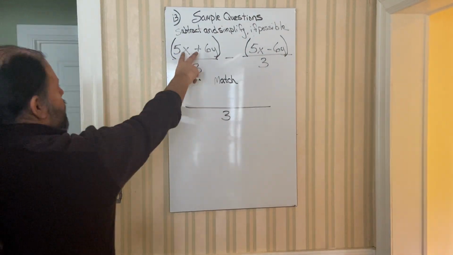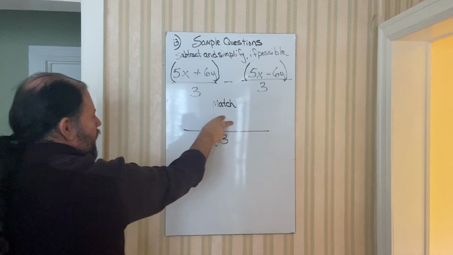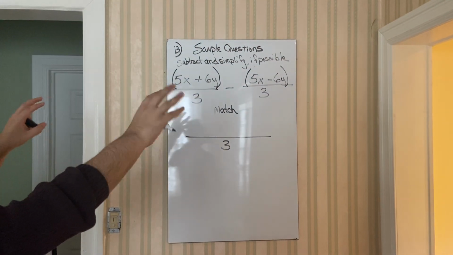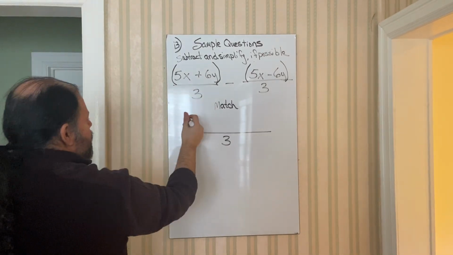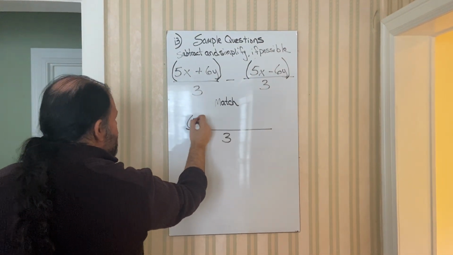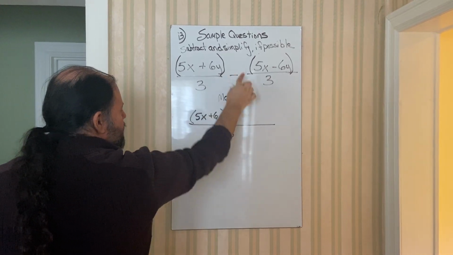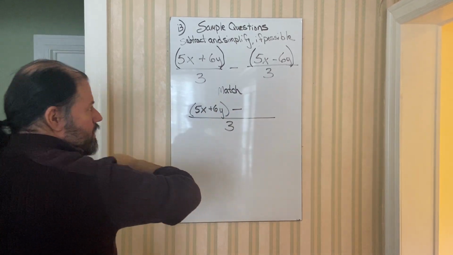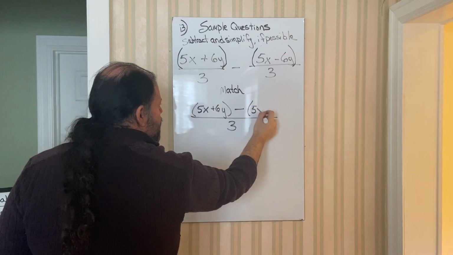So notice I put parentheses for this numerator, parentheses for this numerator, and now instead of 2 separate fraction bars, I'm going to put it over 1 fraction bar, by copying this with the parentheses, whatever sign it is, maybe subtraction or addition, bring it down, in this case subtraction, and then this numerator, including the parentheses.